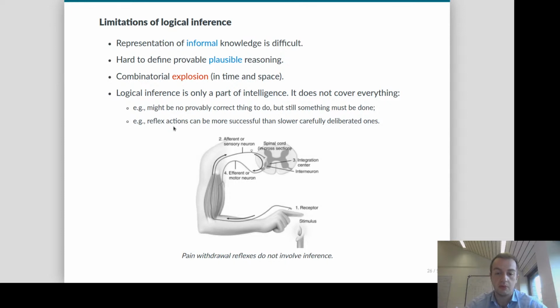For example, if you put your finger on some candle, you don't even think about it, you remove it. But if you left it there on the candle and took the time to understand the implications if your finger stayed there, then the consequences would be worse than just executing this reflex action. Okay?